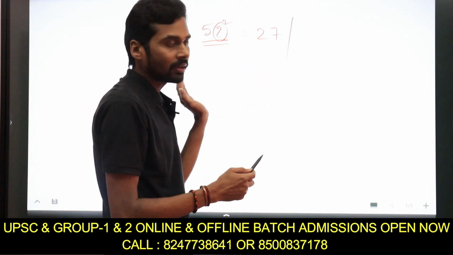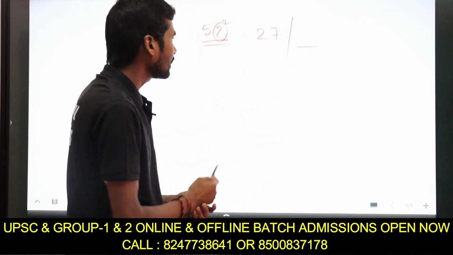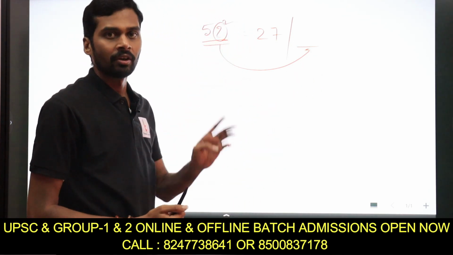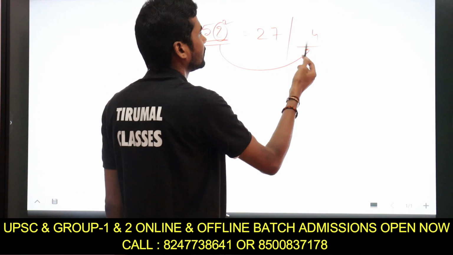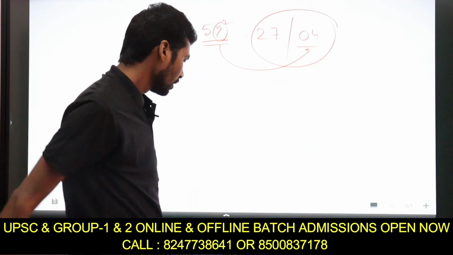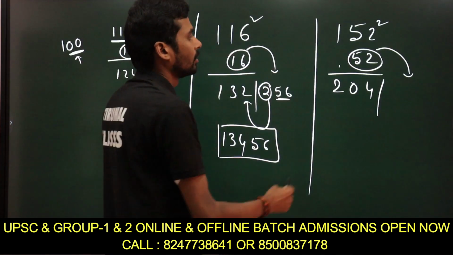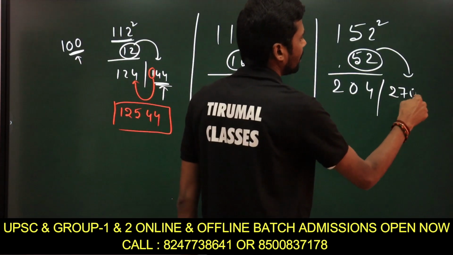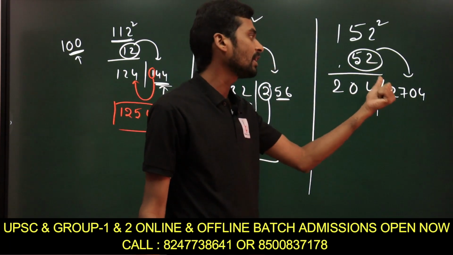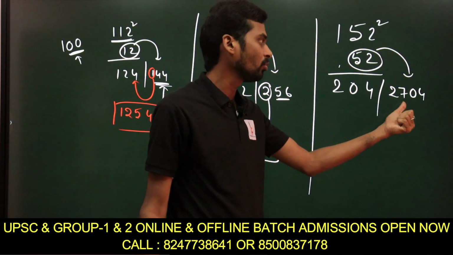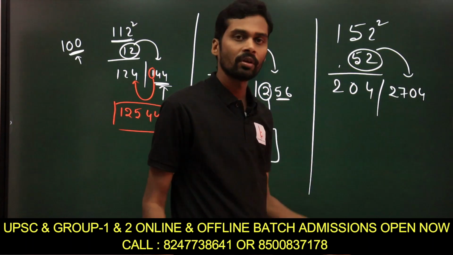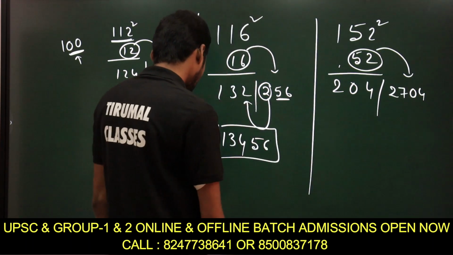This is for the left side part. For the right side part, simply square the unit digit. What is the unit digit we have here? 2. 2 square is 4. But since we need to have 2 digits, I must write it as 04. So 52 square is 2704, which is 25 plus the unit digit, that is 27, and the unit digit squared. 2 square is 04, right?